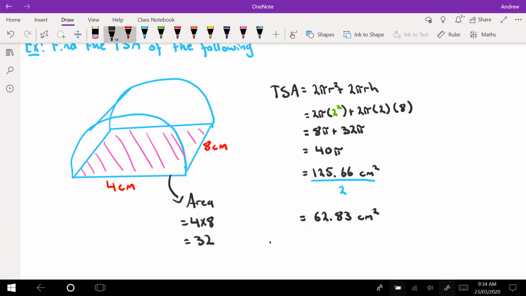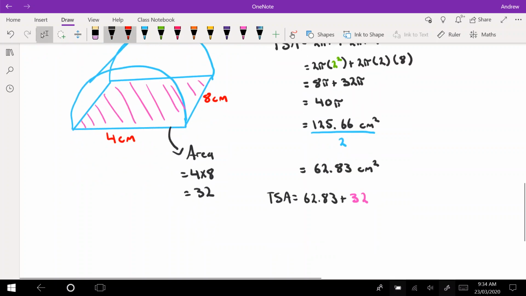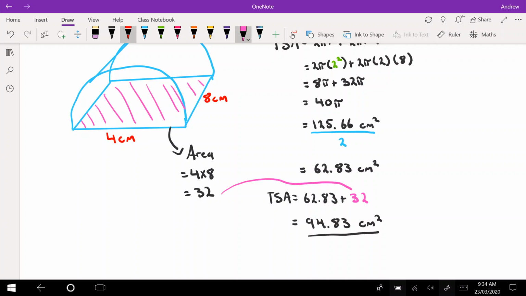So now my total surface area equals 62.83 plus 32, which equals 94.83 centimeters squared. And that's going to be my final answer. I'll just show where I got that there.